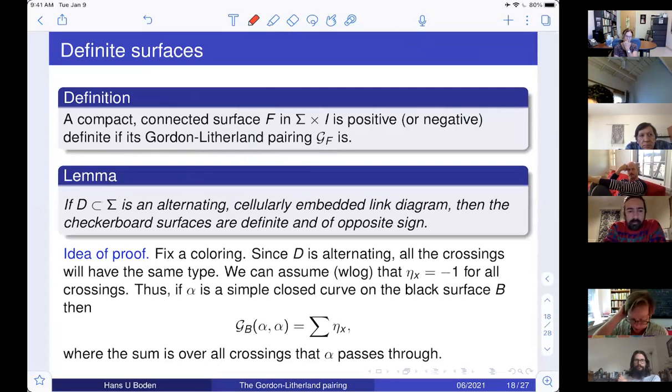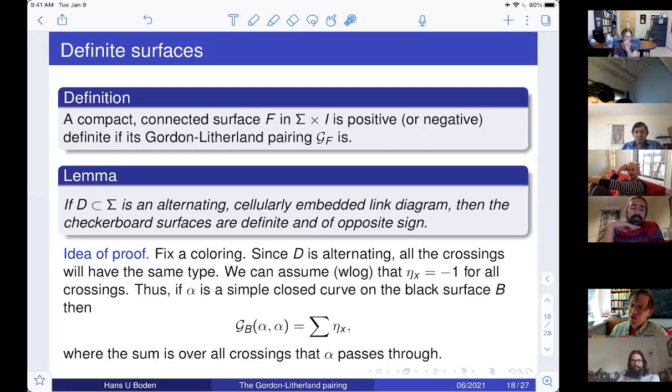If you fix a coloring, the first observation is a combinatorial observation, which is that all the crossings will have the same type. They'll all be either type A or type B. And we'll assume we can fix the coloring so they're all type B, so that the incidence number is always -1. If we do that, then for a simple closed curve on the black surface, its Gordon-Litherland pairing will just be the sum of the incidence numbers of all the crossings that it goes through.